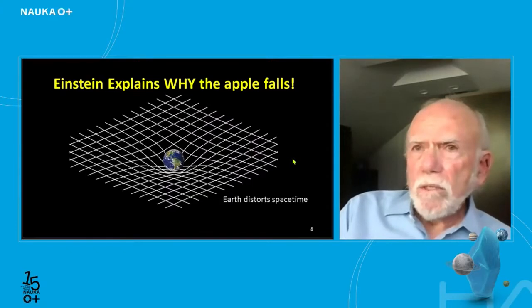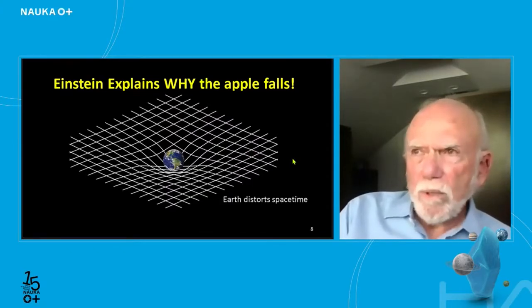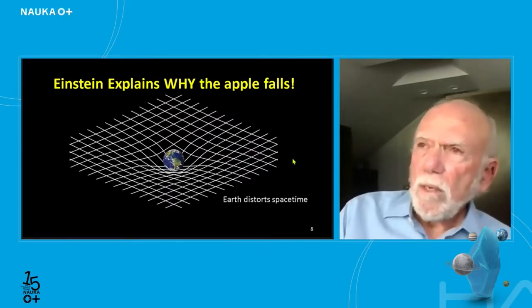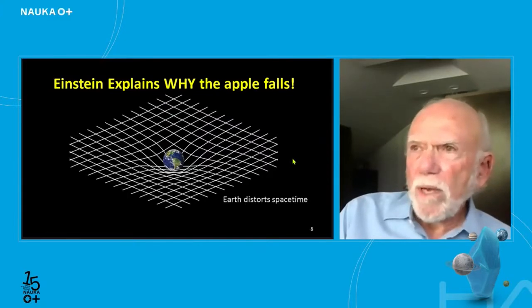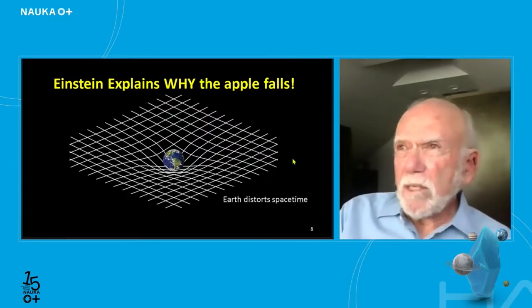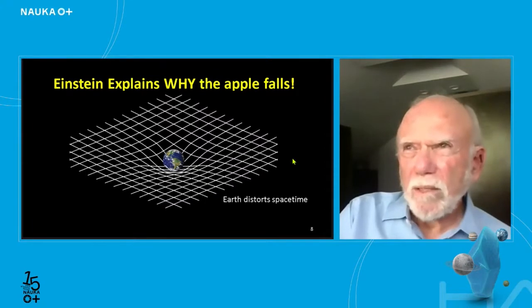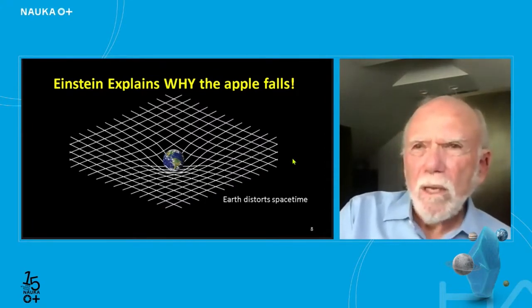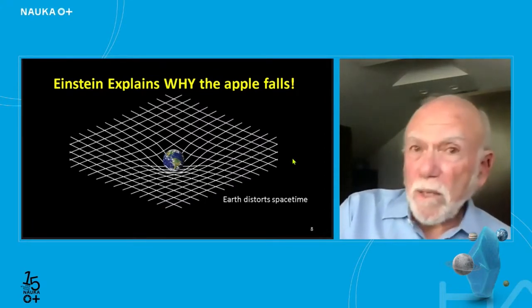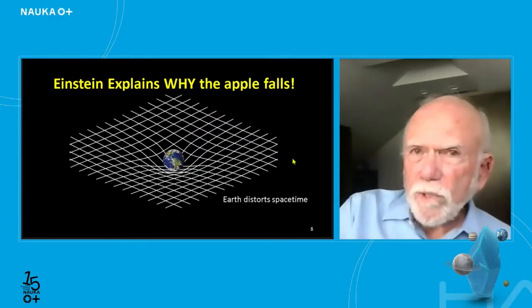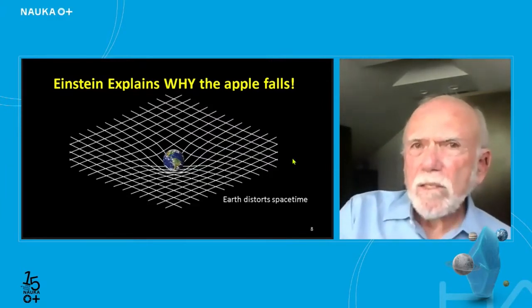But notice that Newton never told you why they pull on each other. So yes, we can describe gravity, why the moon goes around the earth, but it doesn't describe why the moon goes around the earth or why there's an attraction. Einstein explains why. And so the first advance in Einstein's theory is to describe why.